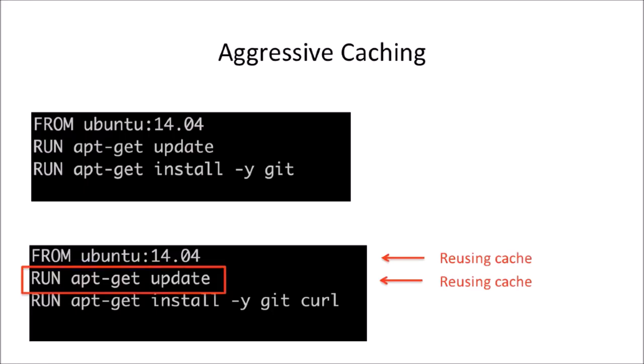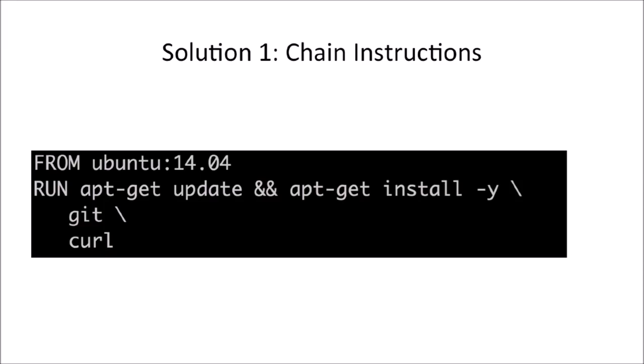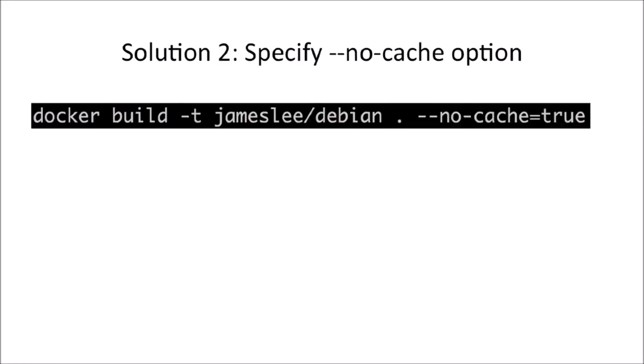Because apt-get update is not run, you can potentially get an out-of-date version of Git and curl. The solution is to chain the apt-get update and apt-get install commands as a single instruction, so that whenever the apt-get command is modified, the whole instruction will rerun to ensure you get the latest version of the package. You can also tell Docker to invalidate the cache by using the no-cache flag when issuing the docker build command.